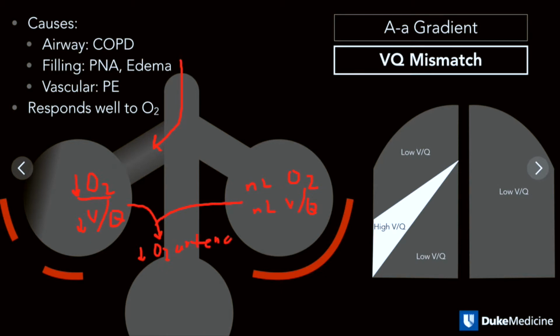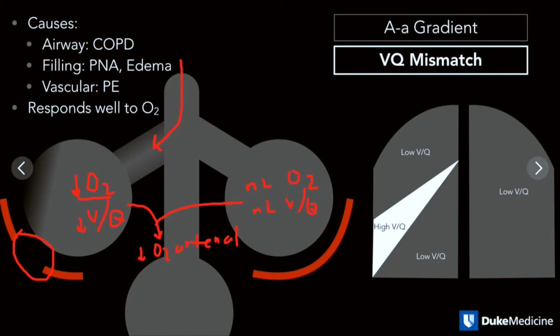PEs can do the same thing, where there's limitation in blood flow. So now you have a distinction between blood flow and ventilation limitations. When there's a PE, your perfusion drops to zero, but your ventilation remains normal for the most part. There are some theories that there's actually local collapse of airways.